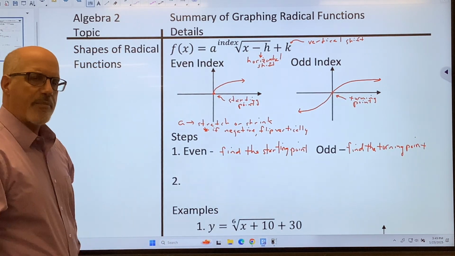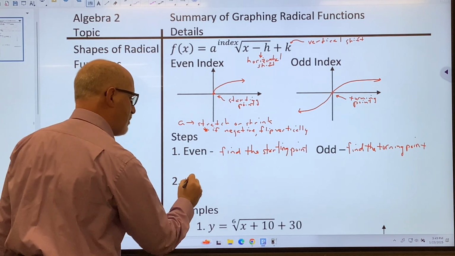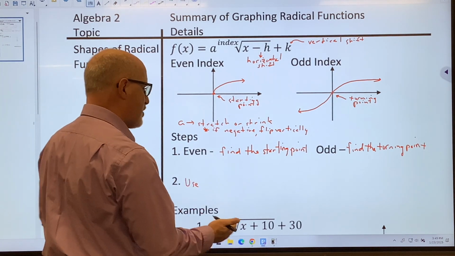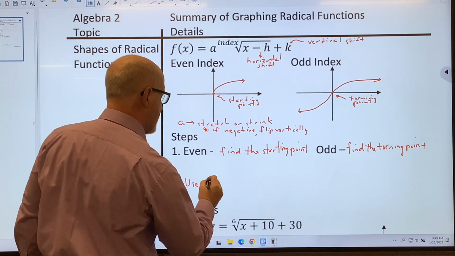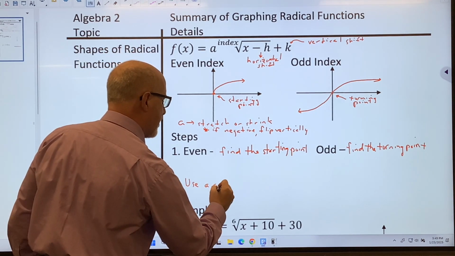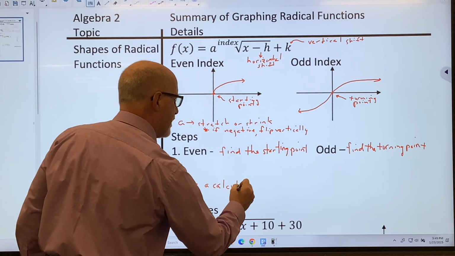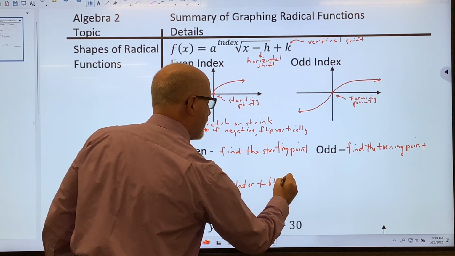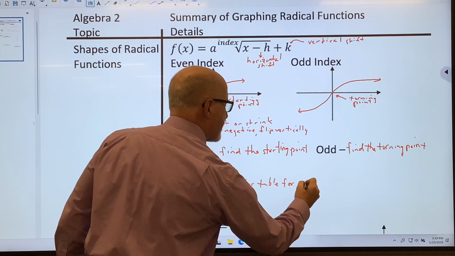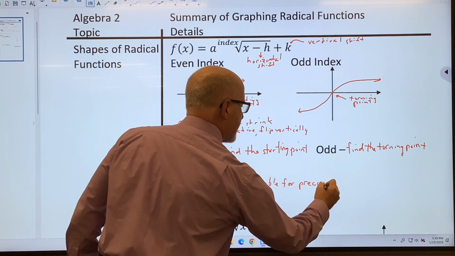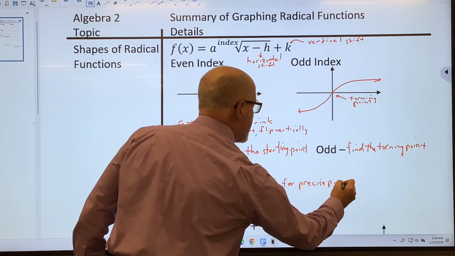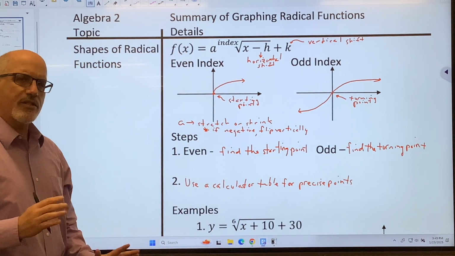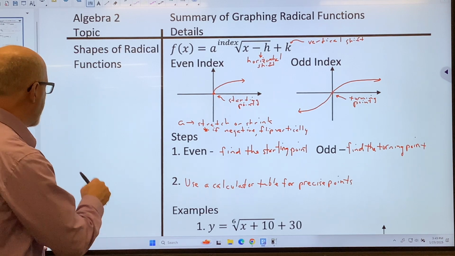The second step is you use a calculator to come up with points to get the shape. That's to help you see how much it shrinks or it stretches. So use a calculator table for precise points. Now, if you're just doing a sketch, you don't need to do that, but if you're trying to get a precise graph, you want to make sure you use your calculator to get that.